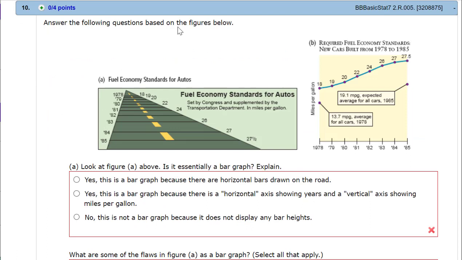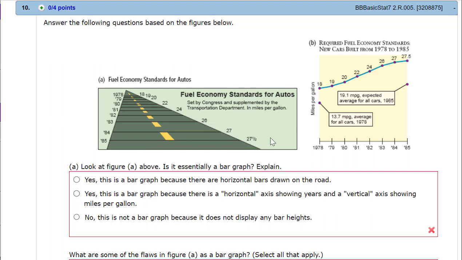We have to answer the following questions based on the figures below. So we have fuel economy standards for autos, and you can see it's got this cute roadway. And then we have required fuel economy standards. Same idea, except now it's shown here as a time series graph. Look at figure A above. Is it essentially a bar graph? Yes, it is.